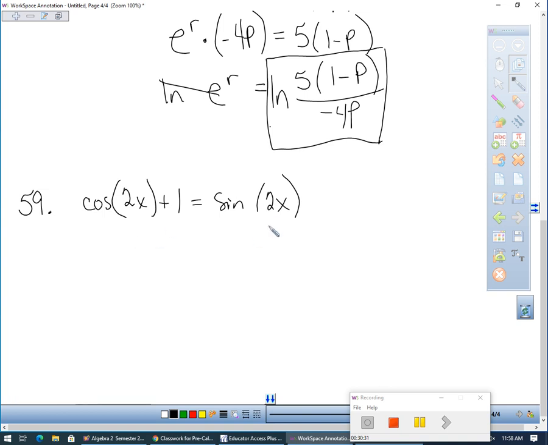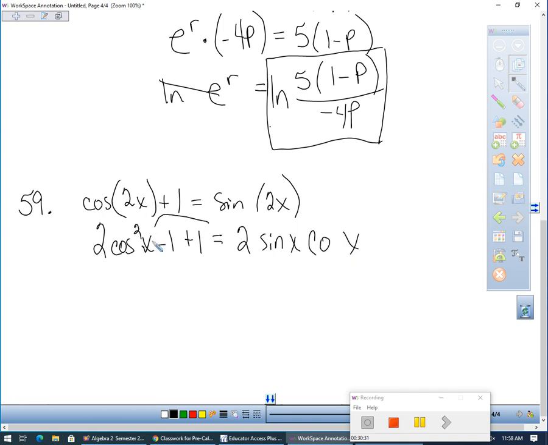So first of all, we need to change it so that they're both the same, or change them so we don't have that double angle in there. Let's start with that. The one we preferred to use before, let's use that one again for cosine, which is 2 cosine squared x minus 1, and then we have plus 1, equals, this one we said was 2 sine x cosine x.